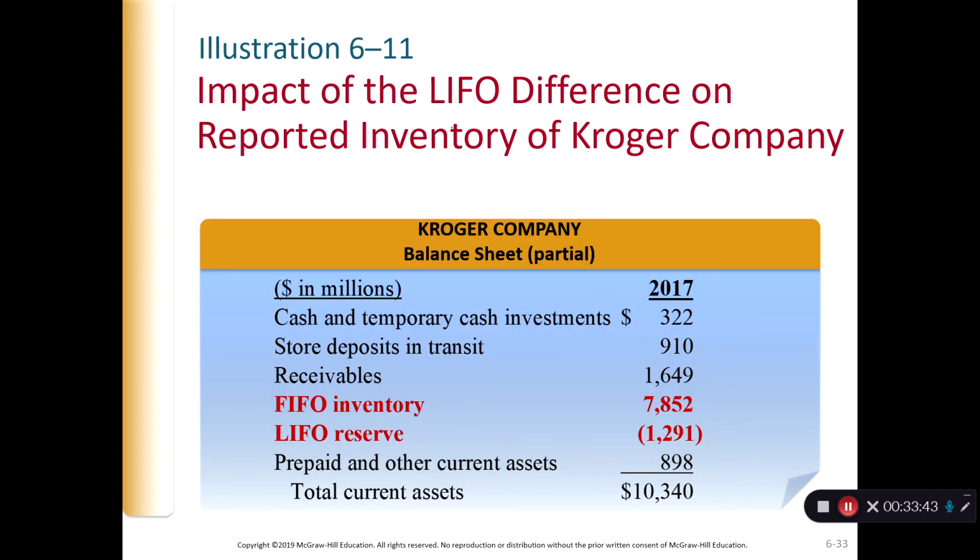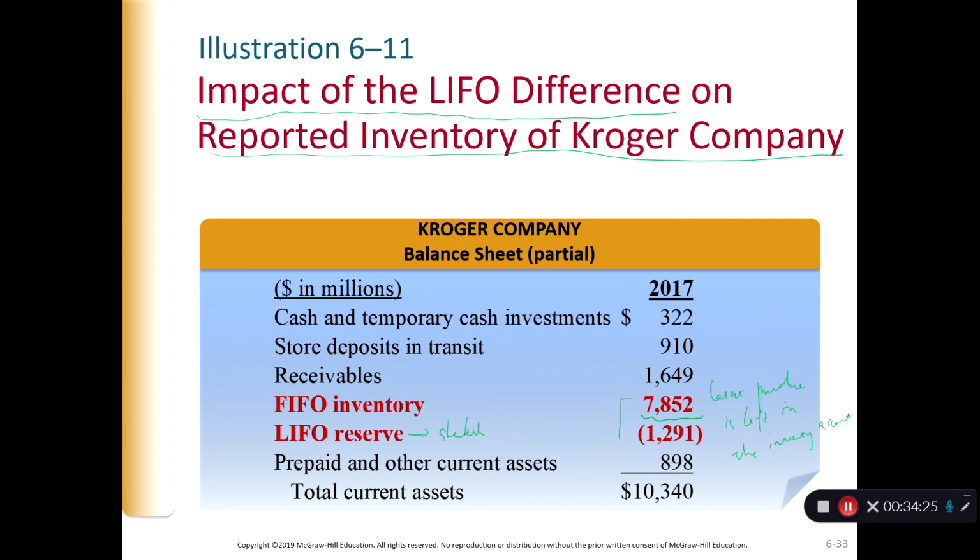So if you choose to use the FIFO method, you also have to show the LIFO differences reported in the inventory balance sheet. For example, FIFO inventory means that the most recent purchases are left in the inventory account. Hence, that's very high, right? 7,850. And then you also need to tell shareholders, okay, if I had chosen the LIFO method, how much should it be?